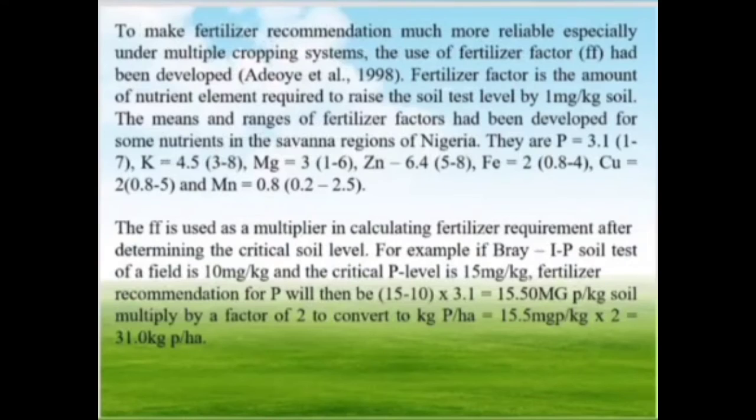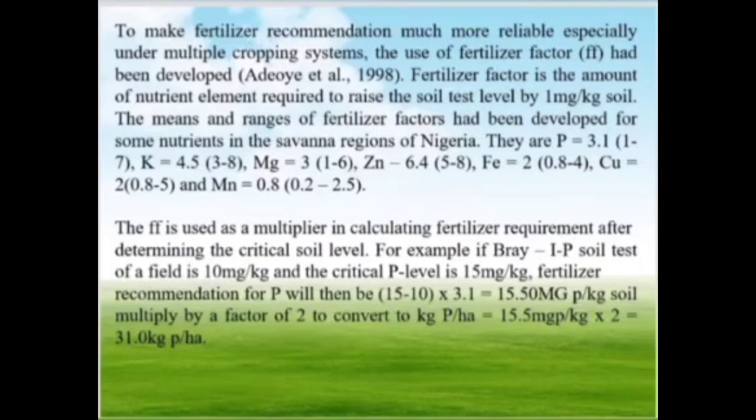To make fertilizer recommendation much more reliable, especially under multiple cropping systems, the use of fertilizer factor has been developed. Fertilizer factor is the amount of nutrient element required to raise the soil test level by 1 mg per 1 kg soil.